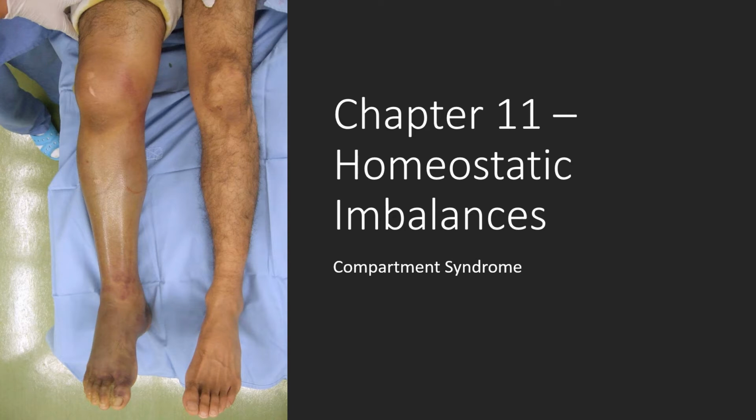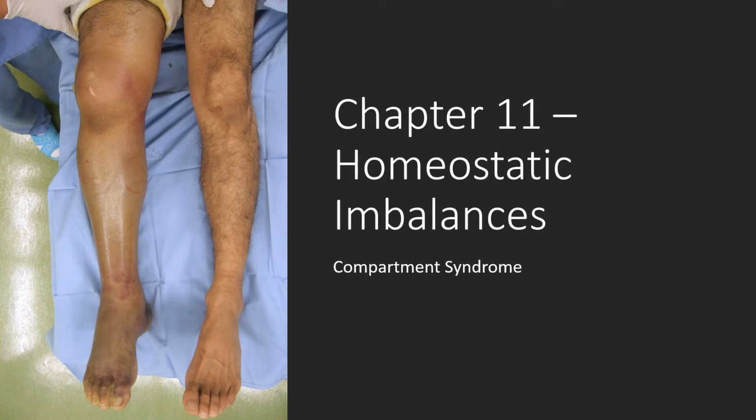But when blood vessels are damaged, they can't remove that interstitial fluid. And so those cells are still continually trying to work, and we build up interstitial fluid around the tissues and around the cells.